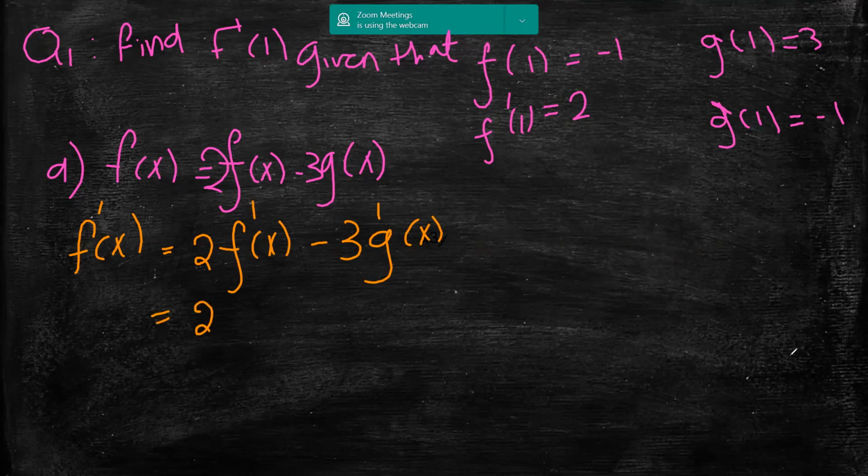Then I will say 2. So I need now to find f prime of 1. It will be 2 f of 1 minus 3 g prime of 1.